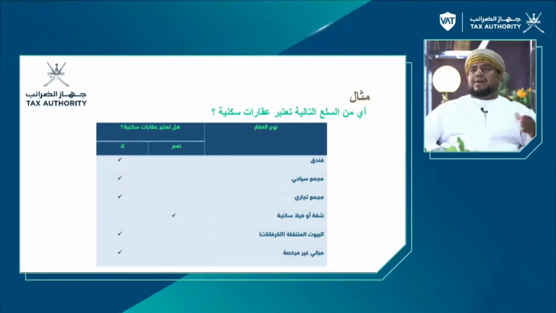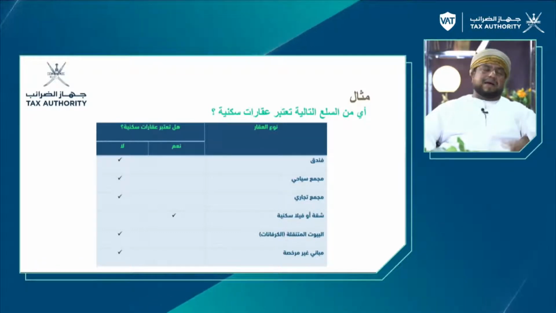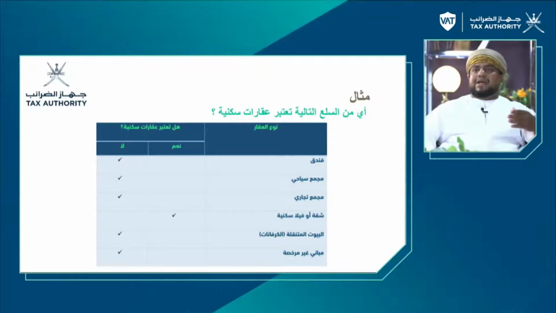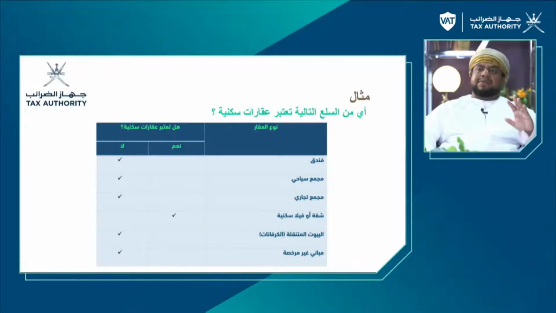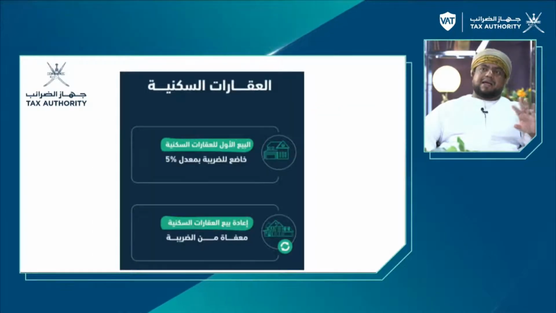These are some examples of what is considered residential or not. Hotels, tourist complexes and commercial complexes are not considered residential buildings, while residential villas and flats are considered residential. Also caravans and unlicensed buildings are not considered residential, so they don't deserve exemption.